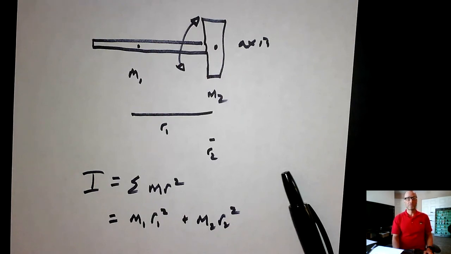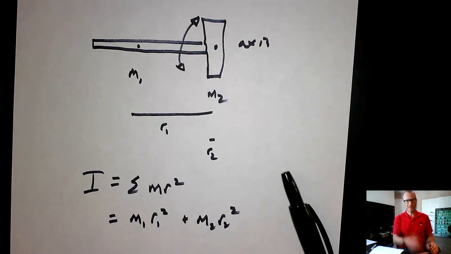And so now the moment of inertia is going to be really low. It's going to be really easy to change the rotational motion of a hammer rotated about this long axis compared to this axis here, or even this axis here. So moment of inertia is a function of how the mass is distributed about the axis of rotation.